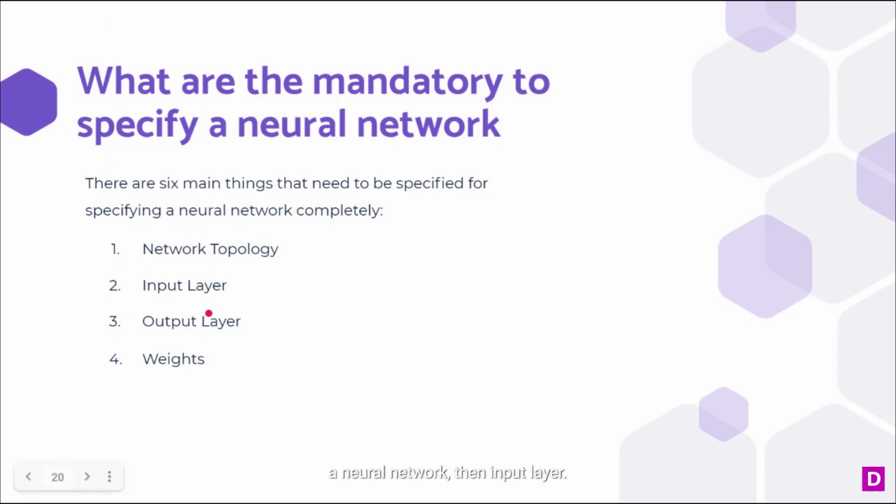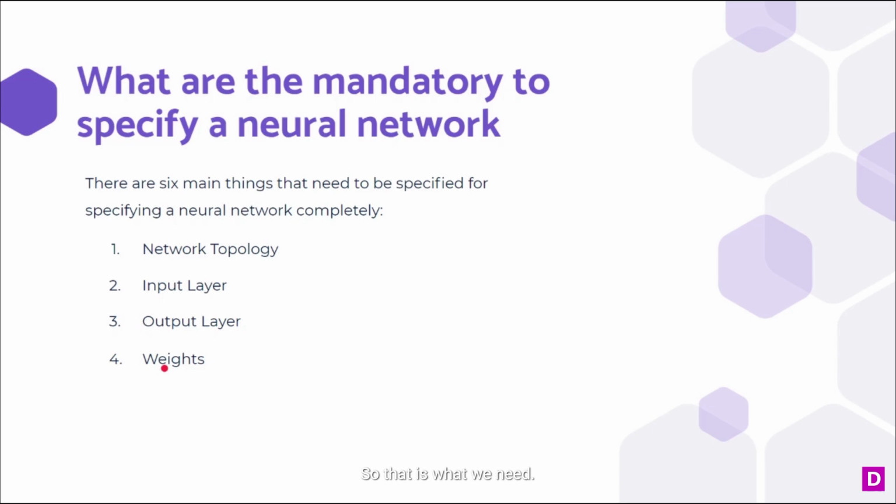Then the input layer. What should the input layer be? What type of data should it receive, how many perceptrons should it have, what should those perceptrons be doing, and what types of input signal can we pass to the input layer?